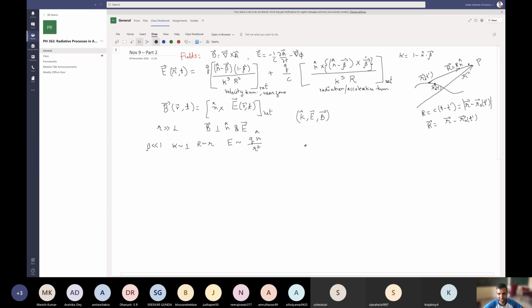You have a charge here at time t prime, and at time t it reaches here. So this is r naught of t prime, the first position, and the second position is r naught at time t. This is your observation point, and this is n hat.